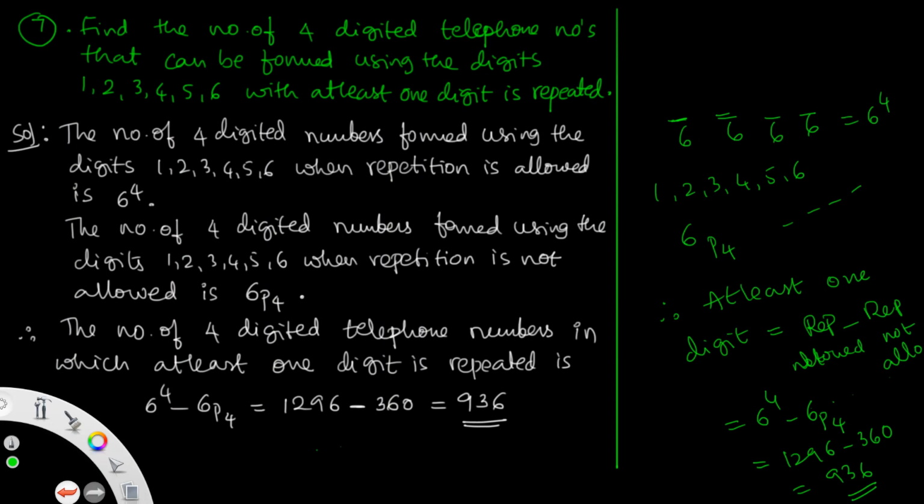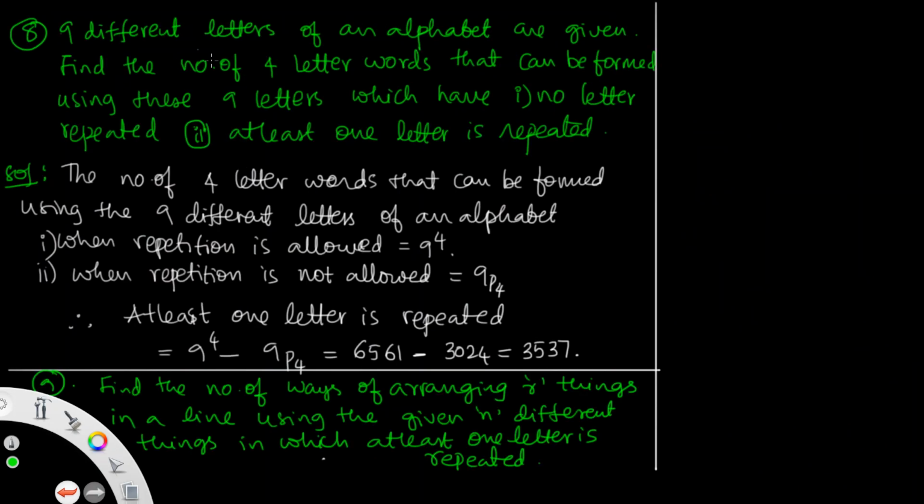Going to the next question, the 8th one. 9 different letters of an alphabet are given. Find the number of 4-letter words that can be formed using these 9 letters which have no letter repeated, and the second one is at least one letter repeated, just like the previous problem.